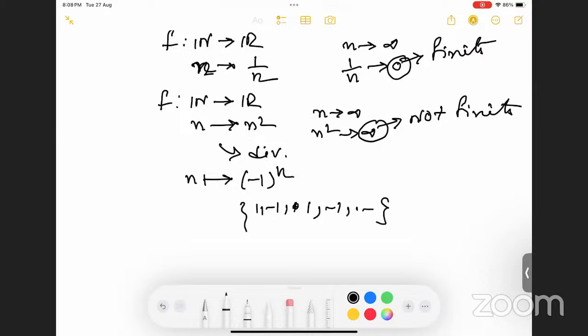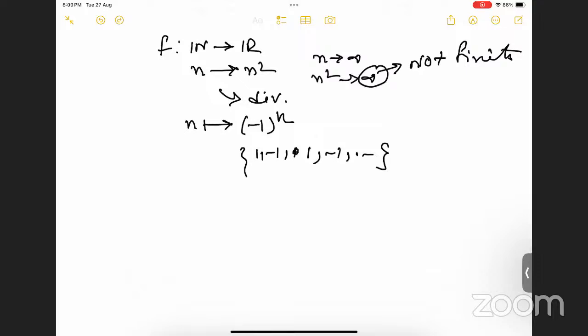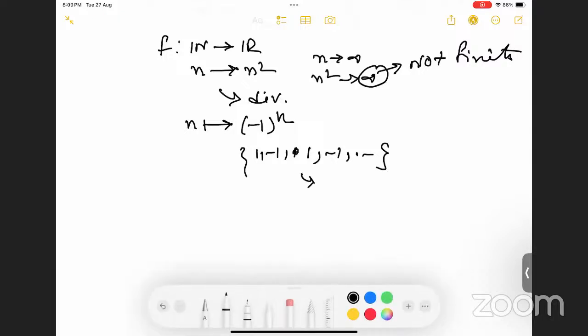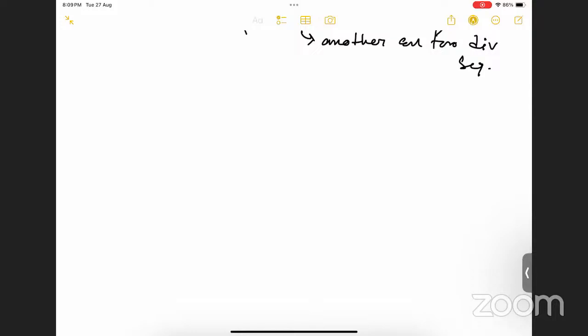In this case, the sequence is not convergent, because as n tends to infinity, we cannot determine whether the functional term will tend to 1 or -1. So this is another example of a divergent sequence. This was an example of a convergent and a divergent sequence.